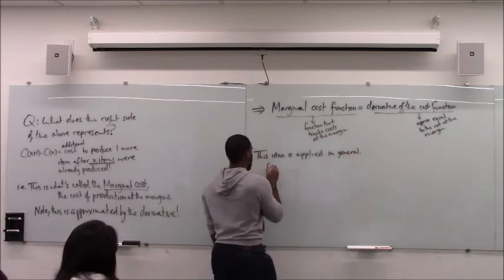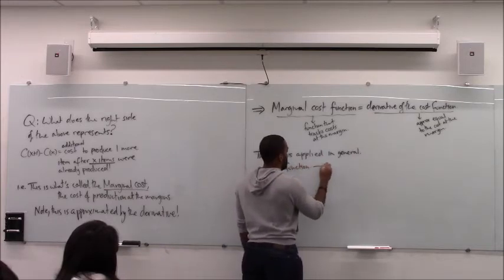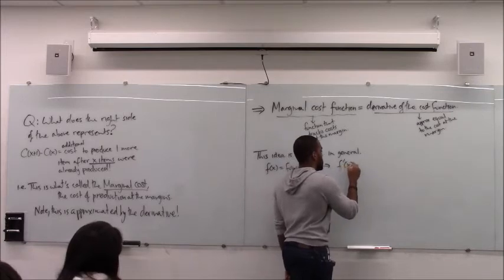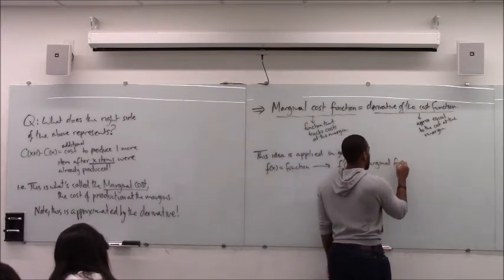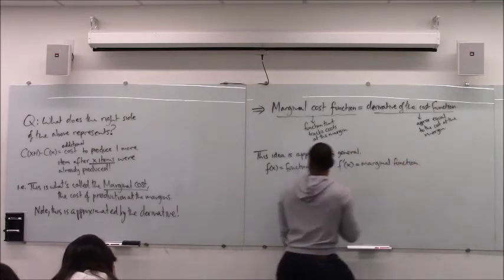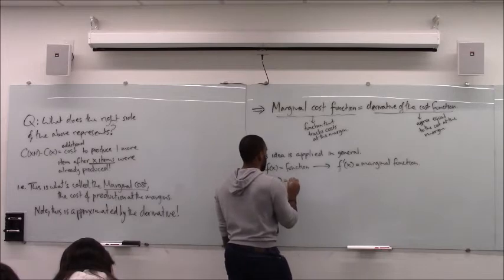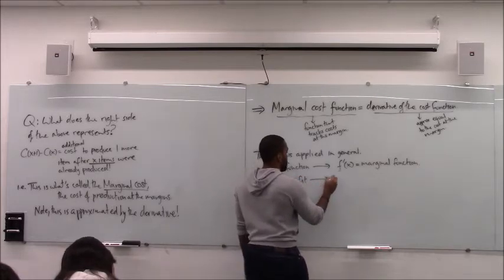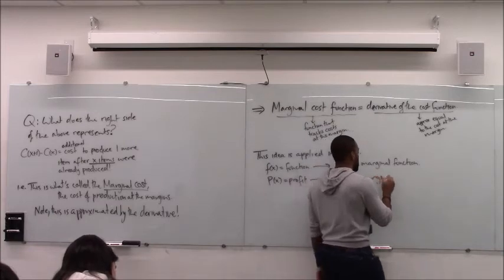So if f of x is some function, then f prime of x is called its marginal function. So if you have, say, P is profit, then if you find P prime, you found what you call the marginal profit function.